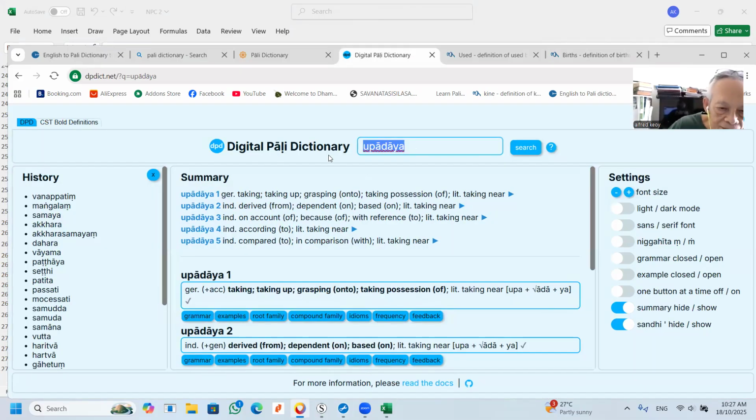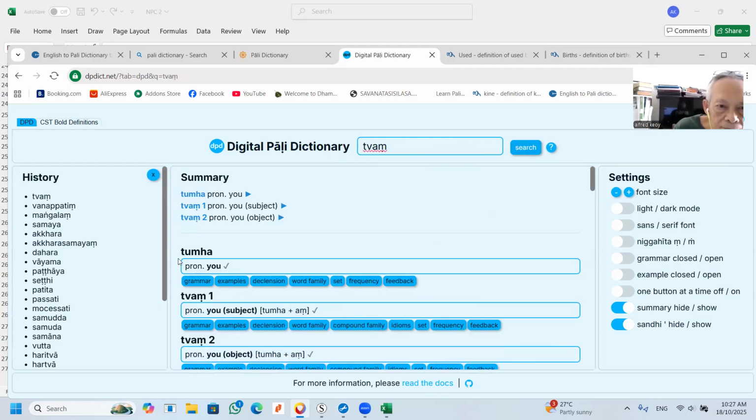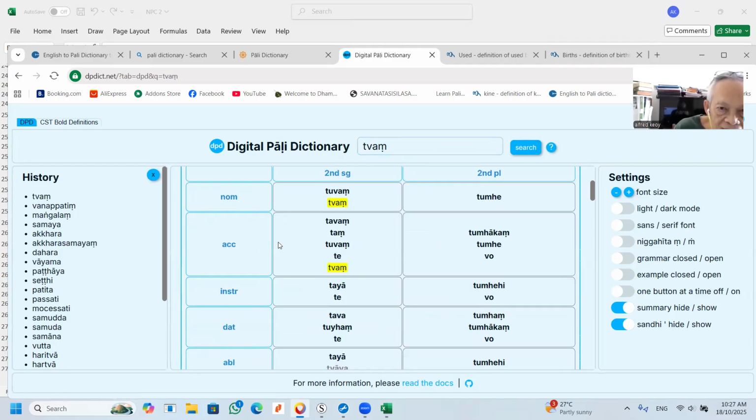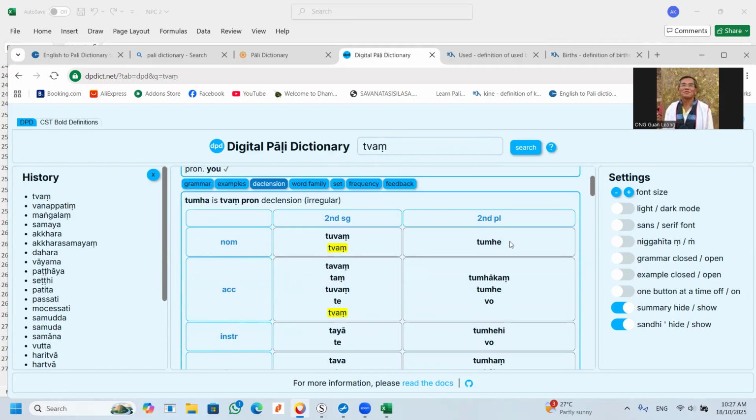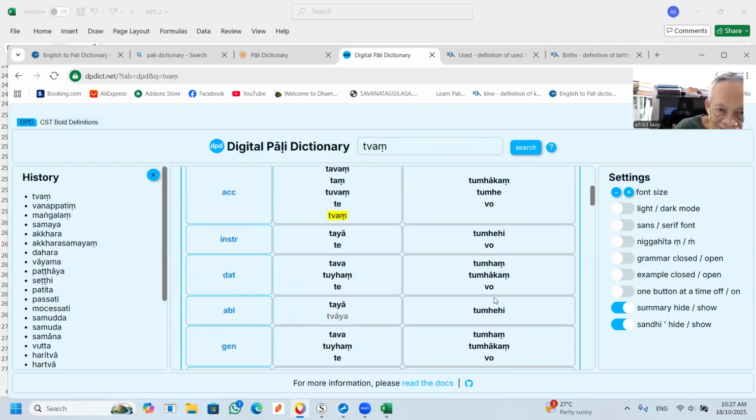"Tvam". It's a pronoun. This is a pronoun. Okay, then you take the declension. Can you see? One of them is accusative, instrumental, and then dative, and then genitive.